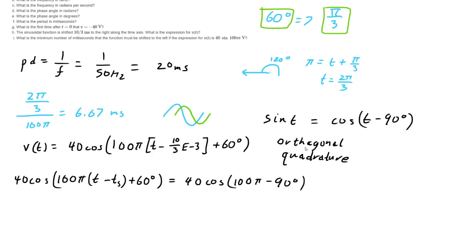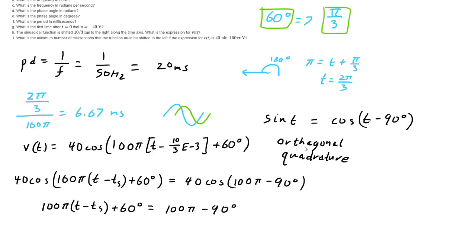So basically we're trying to find out what kind of phase shift we need to make it like that. And we will do that by taking the arc cosine of both of these, or even just look at the arguments because they're going to be the same. So we'll just pull the arguments out because they have the same overall outside function, and we'll solve for Ts. 100 pi t minus 100 pi Ts plus 60 equals 100 pi t minus 90.